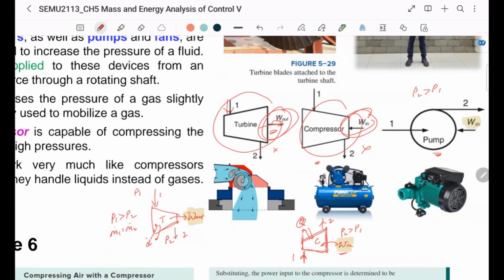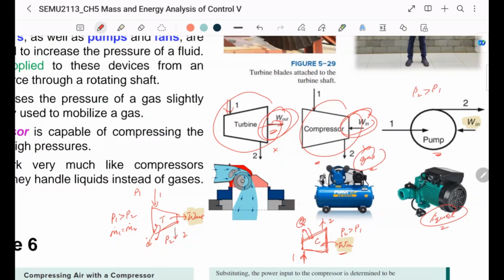Okay, the difference is pump is for liquid, compressor is for gas. It's that simple. Okay, different medium, we call it differently in thermodynamics, in mechanical engineering generally. Okay, so pump is for liquid, compressor is for gas, but they do the same thing. They increase the pressure, basically.